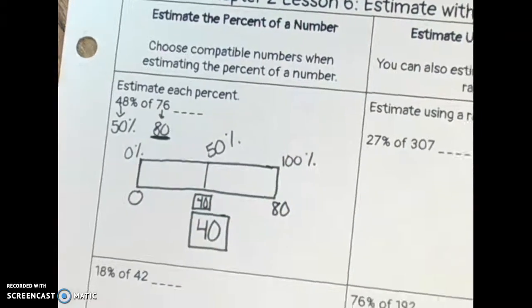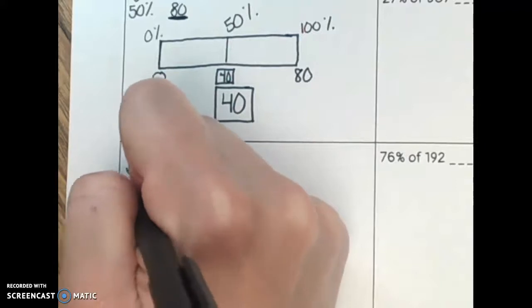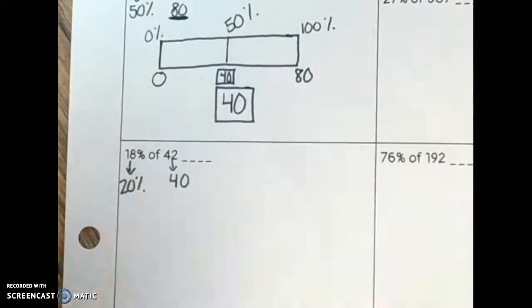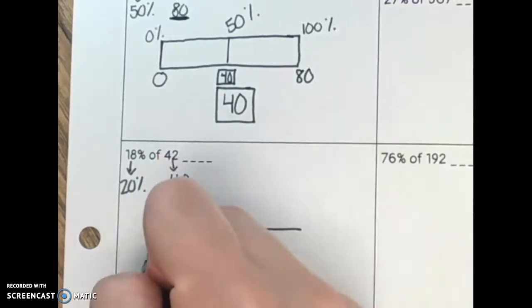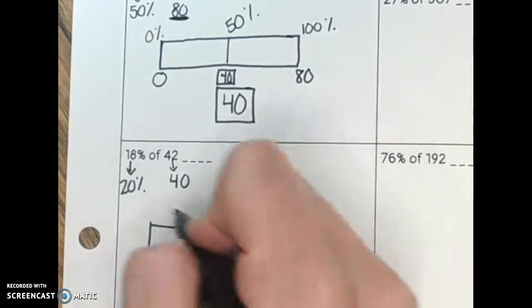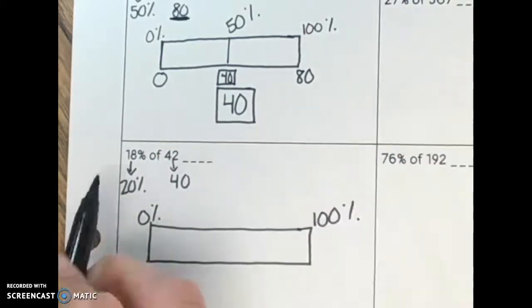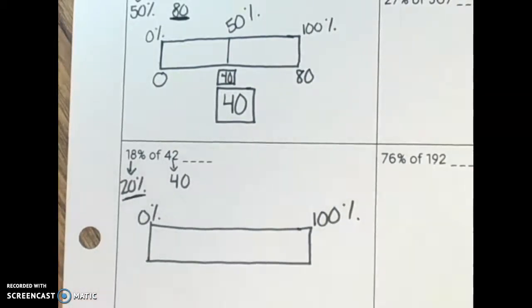Okay, let's look at this next one. 18%. That's close to 20. And 42 is close to 40. So we're going to start with our bar. On the top, we're going to do percent, so we start with 0% and go to 100%. Now, this time we have a 20%, so we need to count by something that will get 20% and 100%.